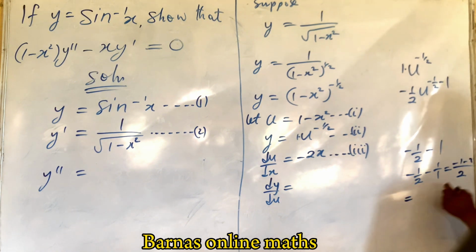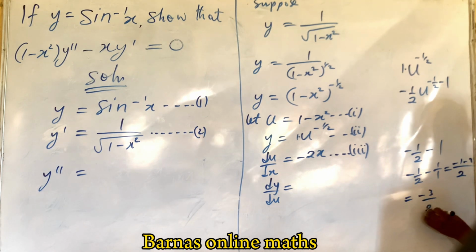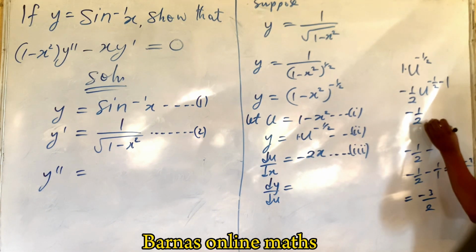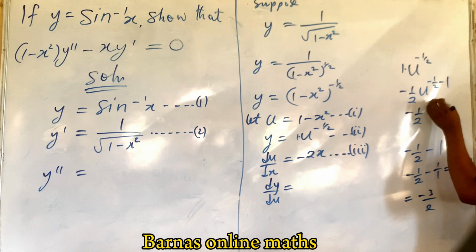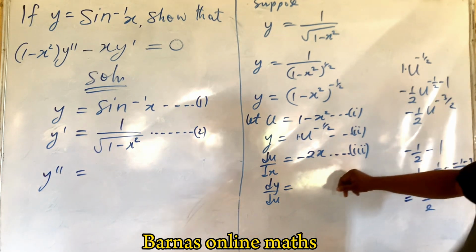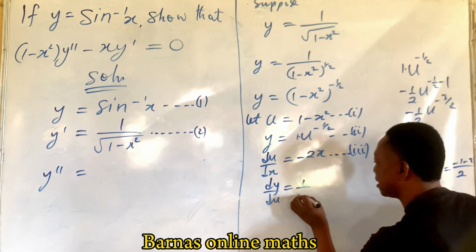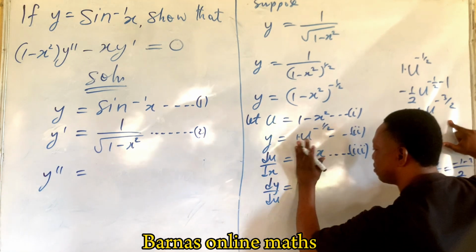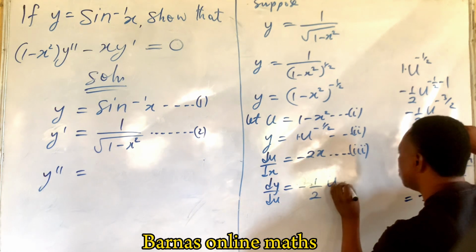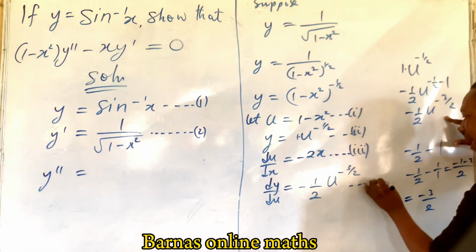So I'm going to have minus 1 minus 2, which will give us minus 3 all upon 2. So therefore, this is going to give us minus half, then u to the power minus 3 over 2. Therefore, if we differentiate y with respect to u, we are going to have minus 1 over 2, then u to the power minus 3 over 2. So let's call this equation IV.